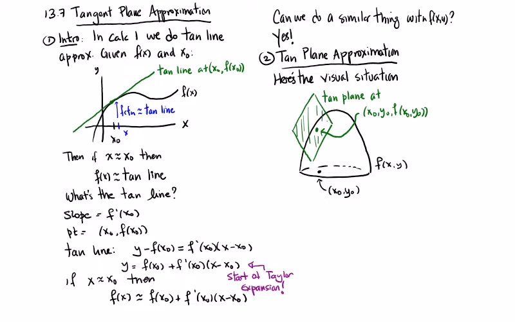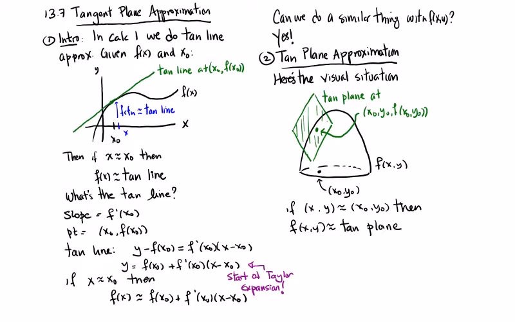We can then say, well, look, if I take a point, say, xy, which is close to x0, y0, then f of xy is close to the tangent plane. And again, we can see that in blue.